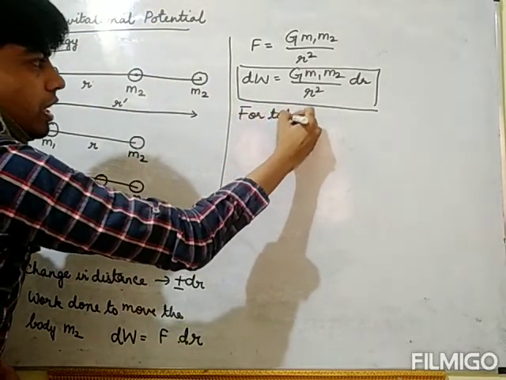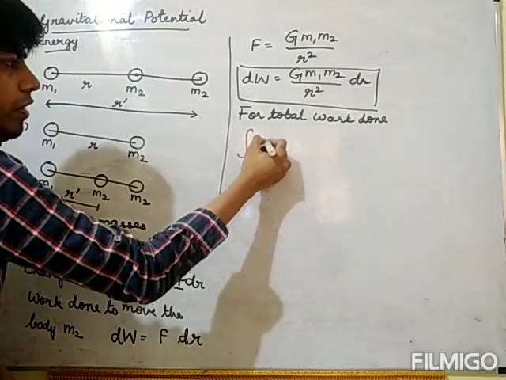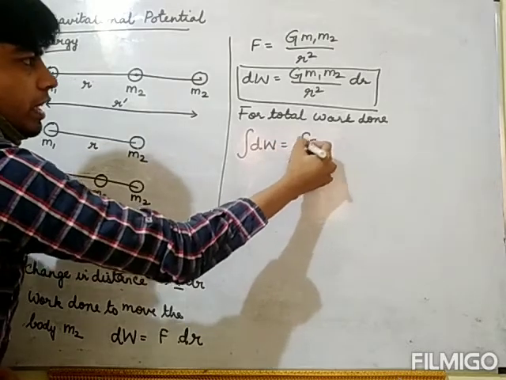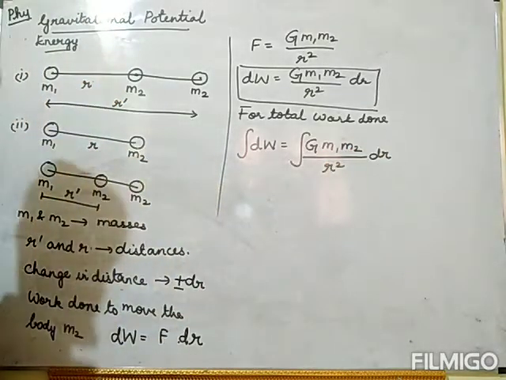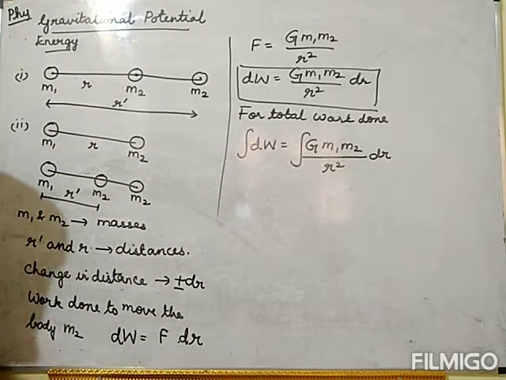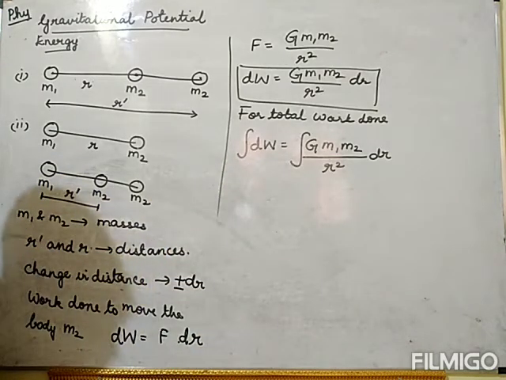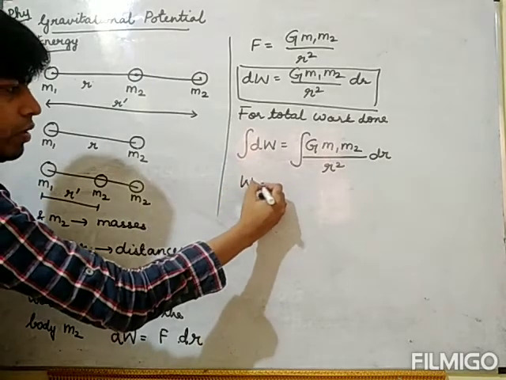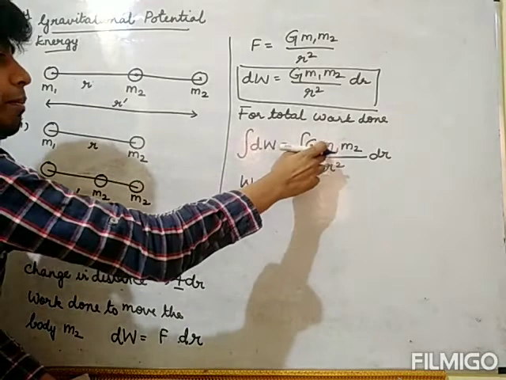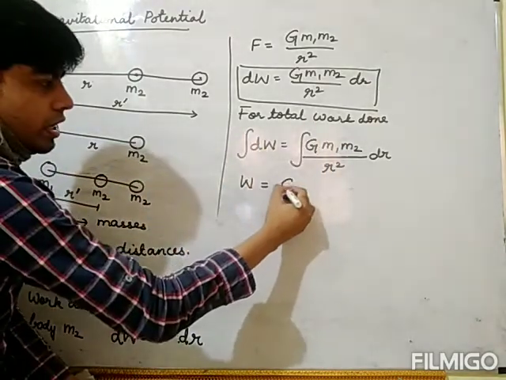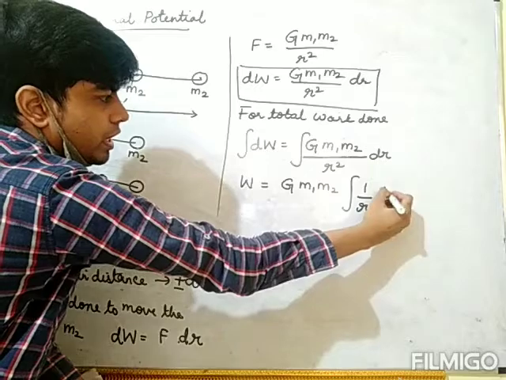Integration of dW is equal to integration of G m1 m2 by r square into dr. Integration of dx is x, so integration of dW will be W. G is constant, and the masses also will not change. So W is equal to G m1 m2 integration of 1 by r square dr.